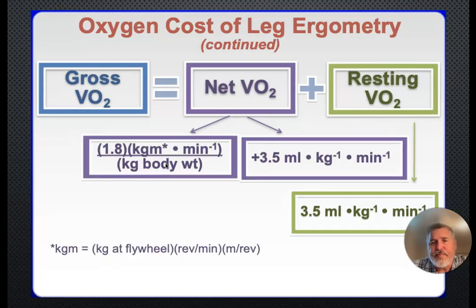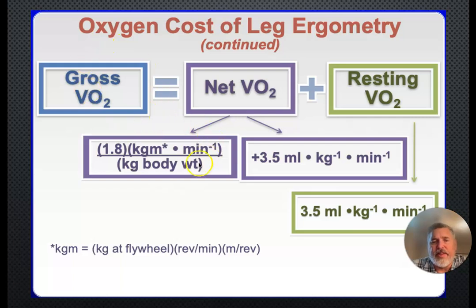So if I'm going to do cycle ergometry, the constant for net VO2 is going to be 1.8 times kilogram meters per minute, and I'm going to divide that by kilograms of body weight. So I need to know the resistance or the watts or the kilogram meters, and then I need to know the person's body mass.